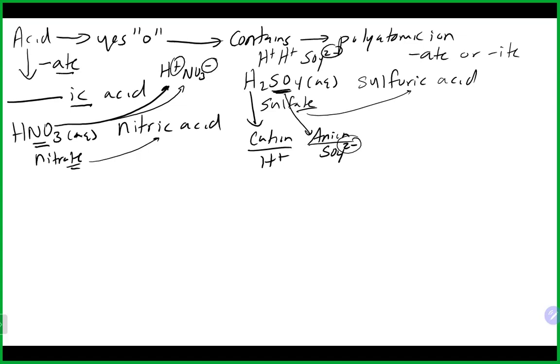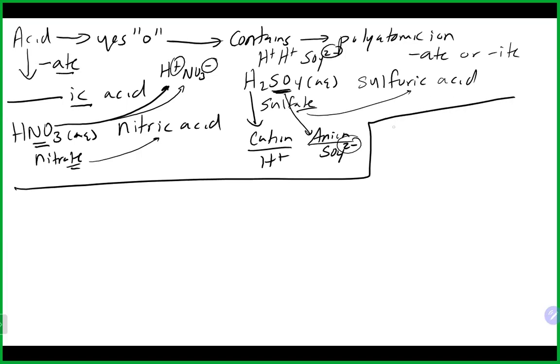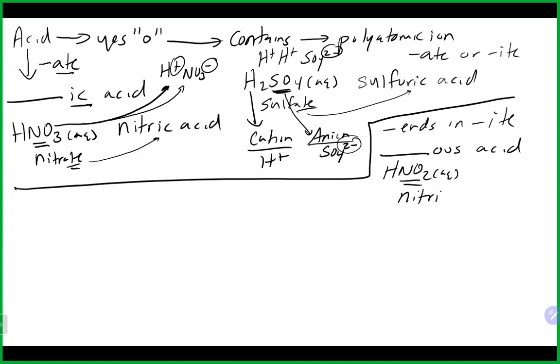So if you do have oxygen, it will contain a polyatomic ion. And if that polyatomic ion ends in ate, then your acid is something-ic acid. If your polyatomic ion ends in ite, and it does have oxygen, it'll be something-OUS acid, like HNO2. HNO2, that is nitrite, ITE.